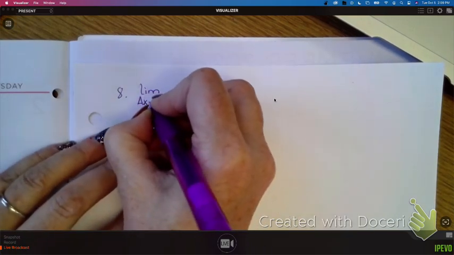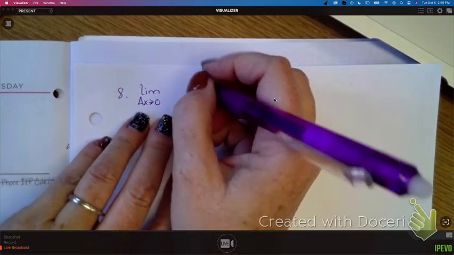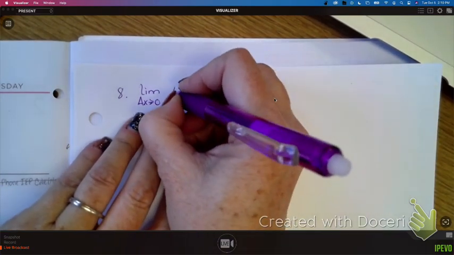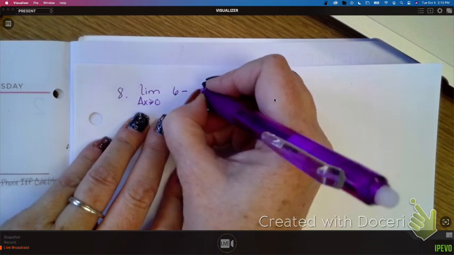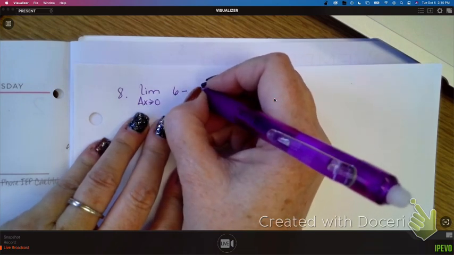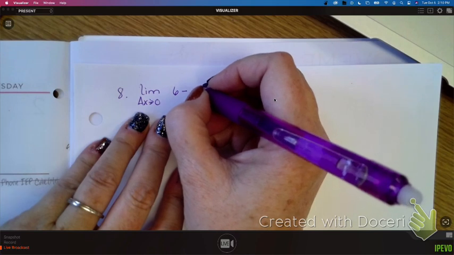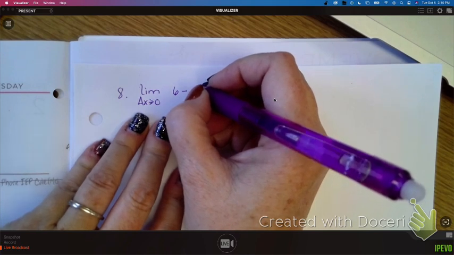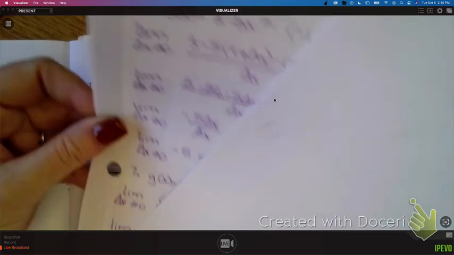I have a question as well. I like to have the x squared in front of the number because it helps my brain comprehend it. So if I switch those around, is it going to be negative x squared plus 6?